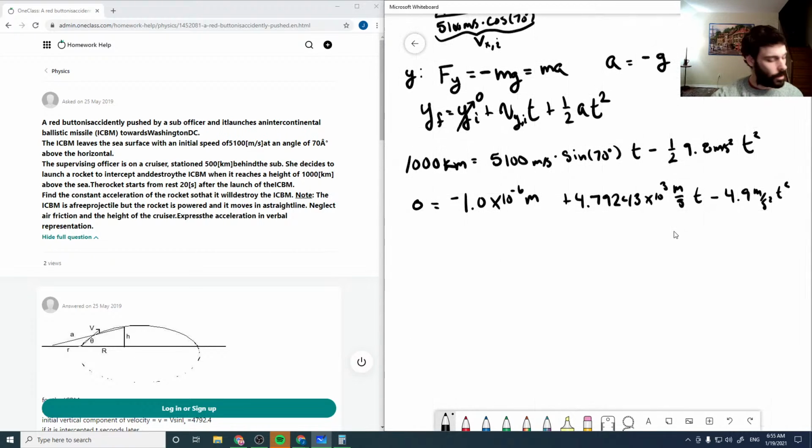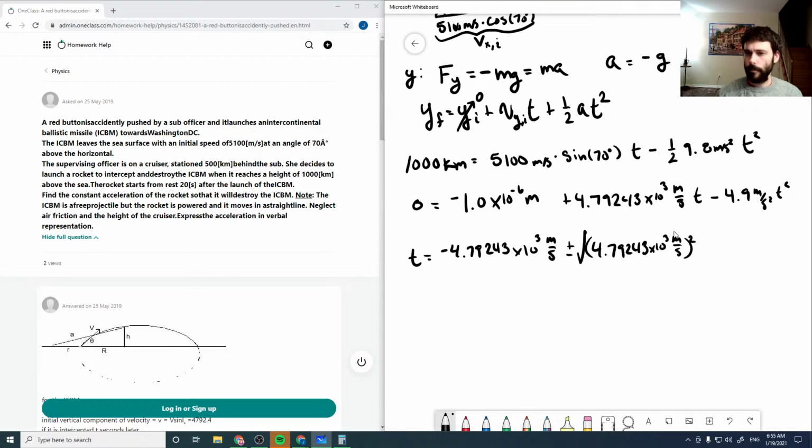So now everything's in meters and seconds, so that's good. I can use the quadratic equation here and say that t is minus 4.79243 times 10 to the 3 meters per second, plus or minus square root of 4.79243 times 10 to the 3 squared minus 4 times 1 times 10 to the 6. That should be a plus 6, my apologies.